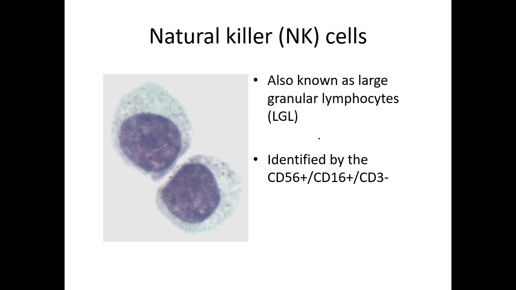Natural killer cells are a part of the innate immune response, and they are also known as large granular lymphocytes. These natural killer cells are identified by certain surface proteins, which are CD56 and CD16.